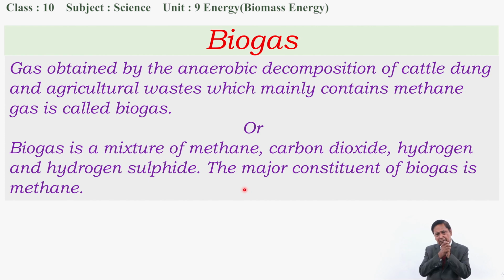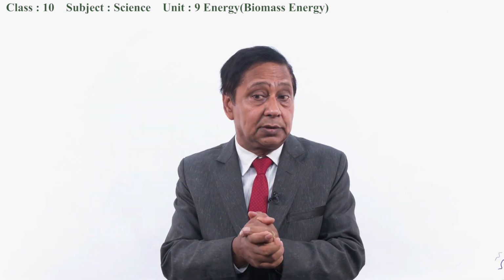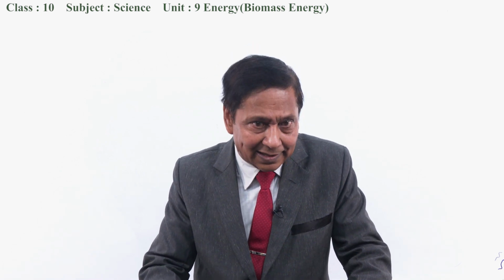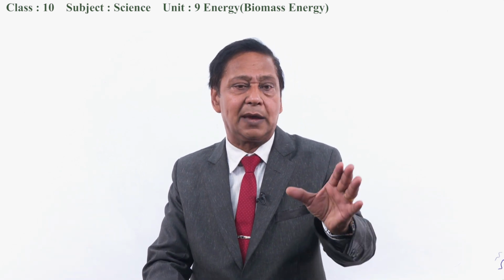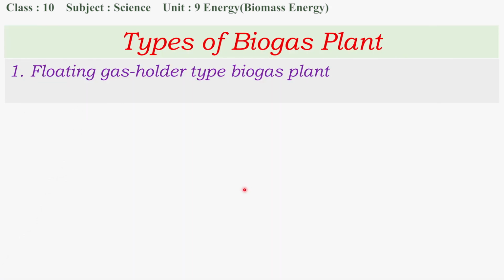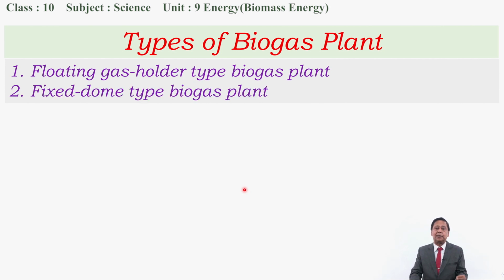Okay, now biogas is produced in a biogas plant. It is of two types. There are two types of biogas plant where we can produce biogas. Number one, floating gas holder type biogas plant. And number 2, fixed dome type biogas plant. But different types of biogas plant are not given in the syllabus.